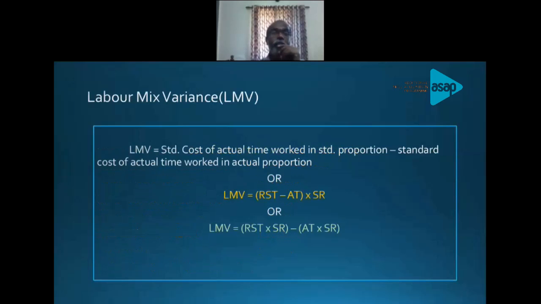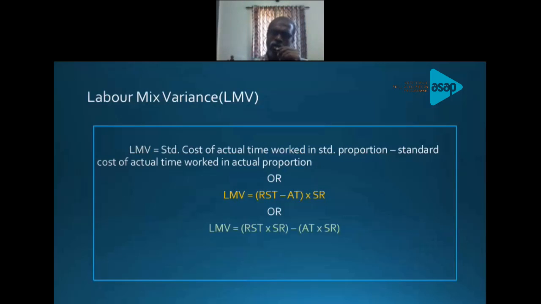Moving on to another, that is labor mix variance. Students, please remember, labor mix variance is computed only when there are different types of employees, different on the basis of their skill or some other basis, and payment is made at different rates depending upon their skill.